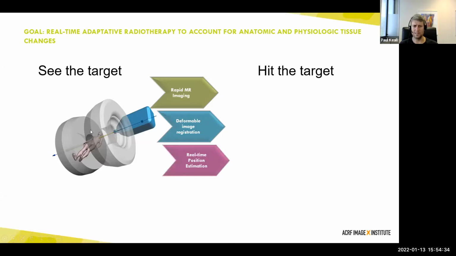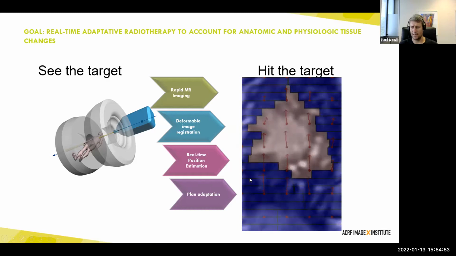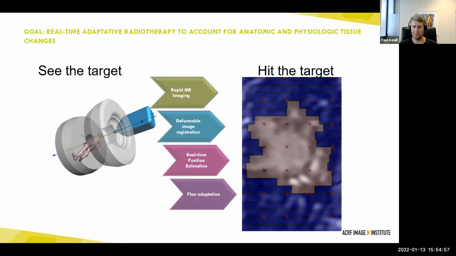We've got a time delay between seeing the target and hitting the target, so we need some time series analysis, and then plan adaptation. And so we've got some real-time mathematical optimization going on, to enable us to adapt the radiation beam in real time to the patient.